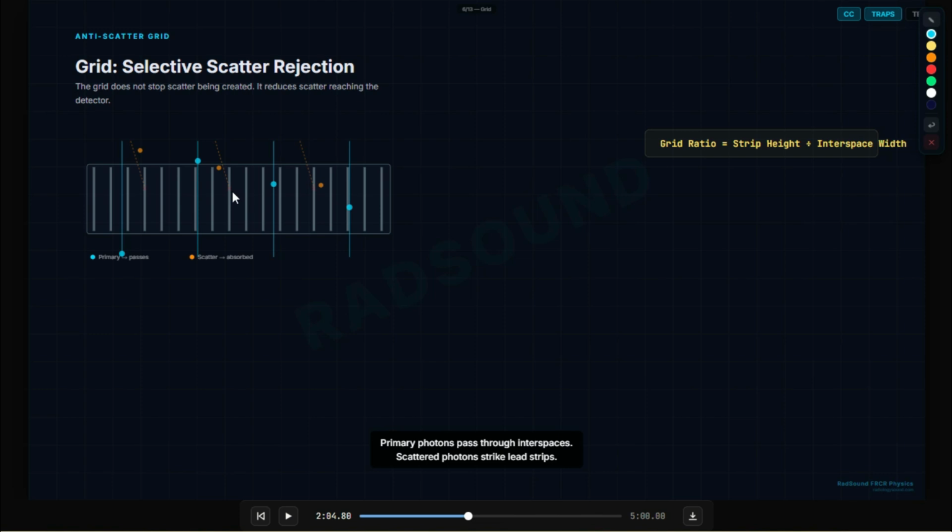The grid does not stop scatter being created inside the patient, because we are now discussing how to optimize the quality of the primary or remnant beam reaching the detector after leaving the patient. So it reduces scatter reaching the detector, but it does not affect the scatter produced in the patient. Let's talk about grid ratio, which is very important.